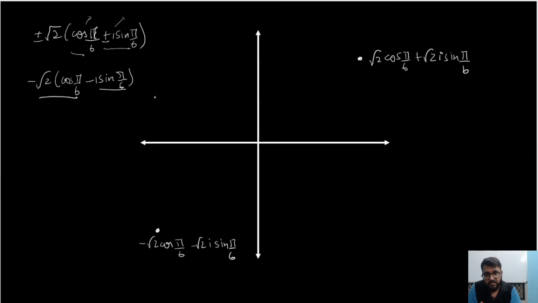So you'll have x negative and y positive, which will end up here, which is minus root 2 cos pi by 6 plus root 2 i sine pi by 6. And the last point will be here, which is root 2 cos pi by 6 minus root 2 i sine pi by 6. And you have this shape, which is a quadrilateral, right?